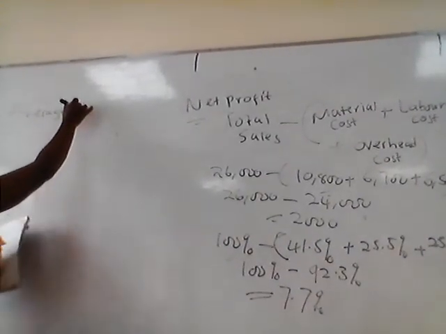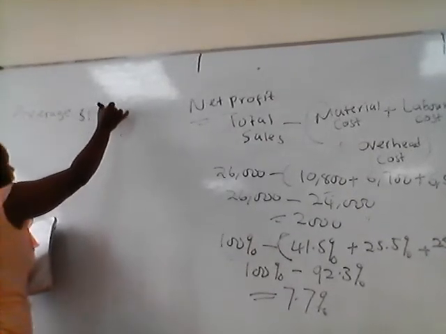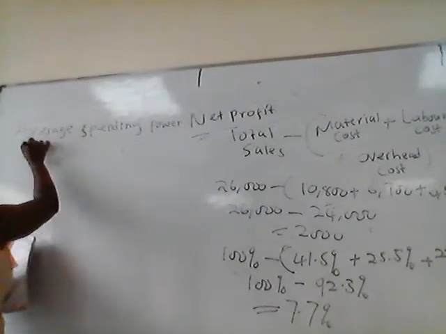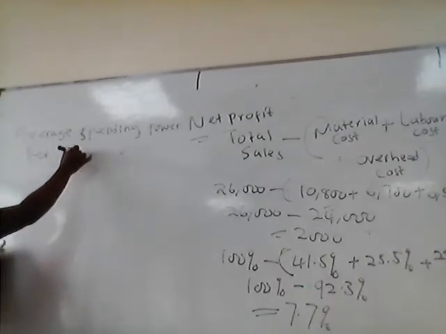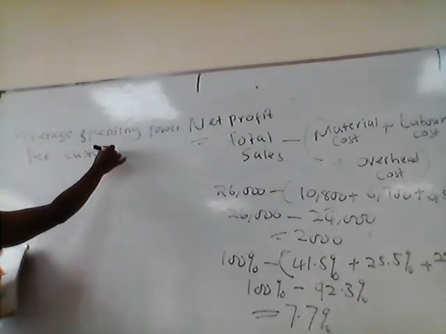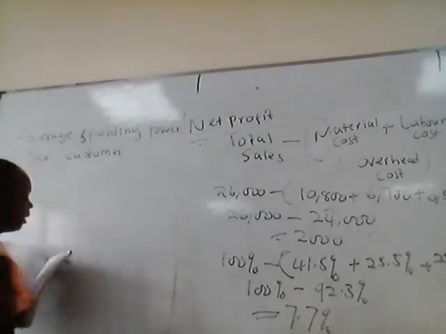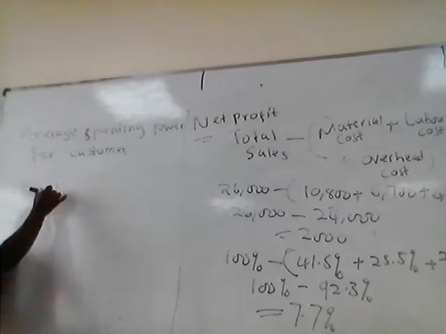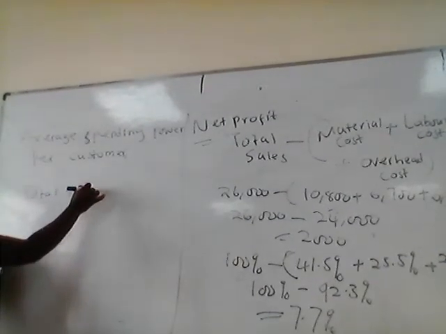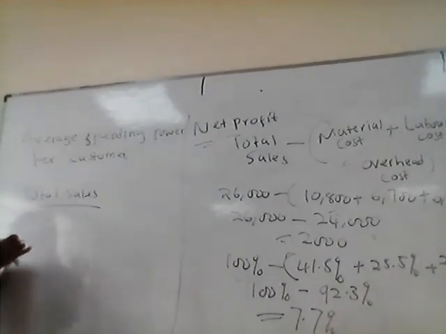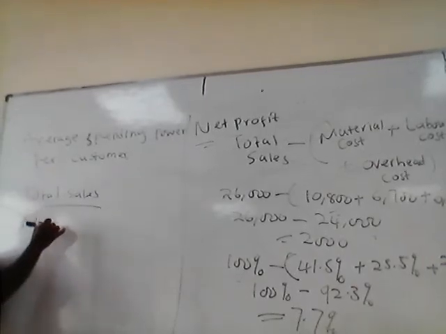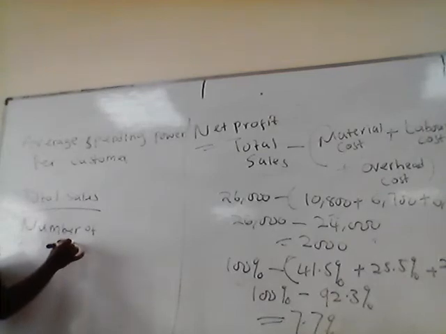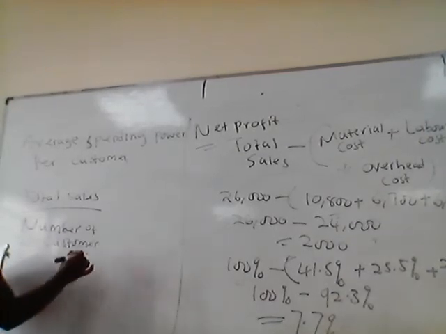Finally, the last question was asking us to calculate average spending power per customer. It will be total sales divided by the number of customers.